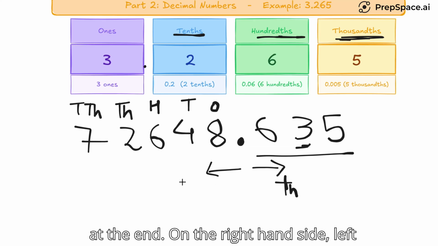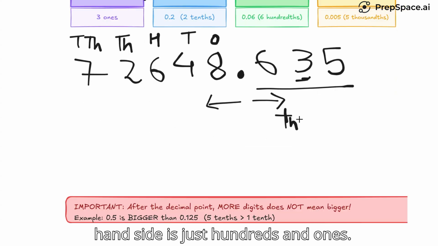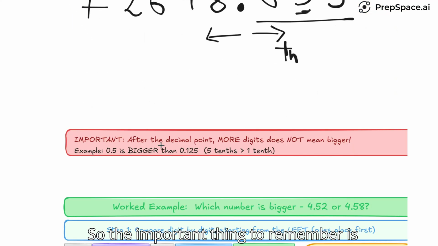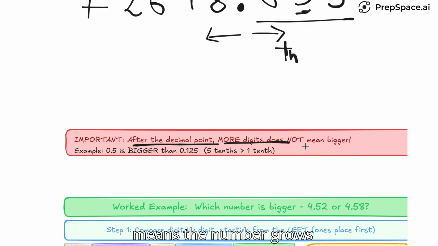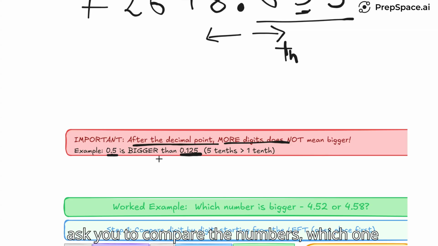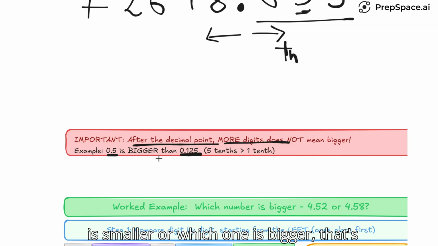On the left-hand side, it is just hundreds and ones. The important thing to remember is that after the decimal point, the more digits, the smaller the number grows. For example, 0.5 is bigger than 0.125. If they ask you to compare numbers in the exam, which is smaller or bigger, that's how you know. But there is more to it than just counting the number of digits.